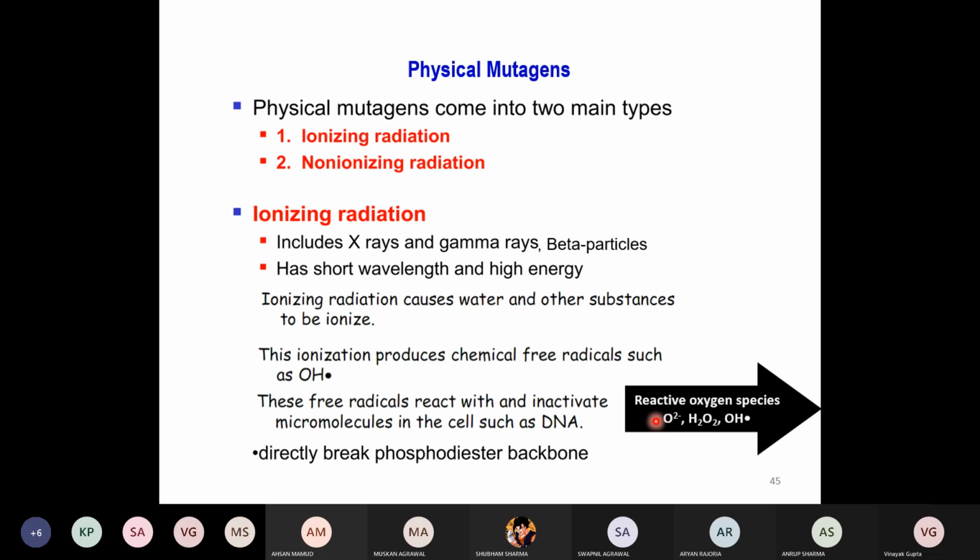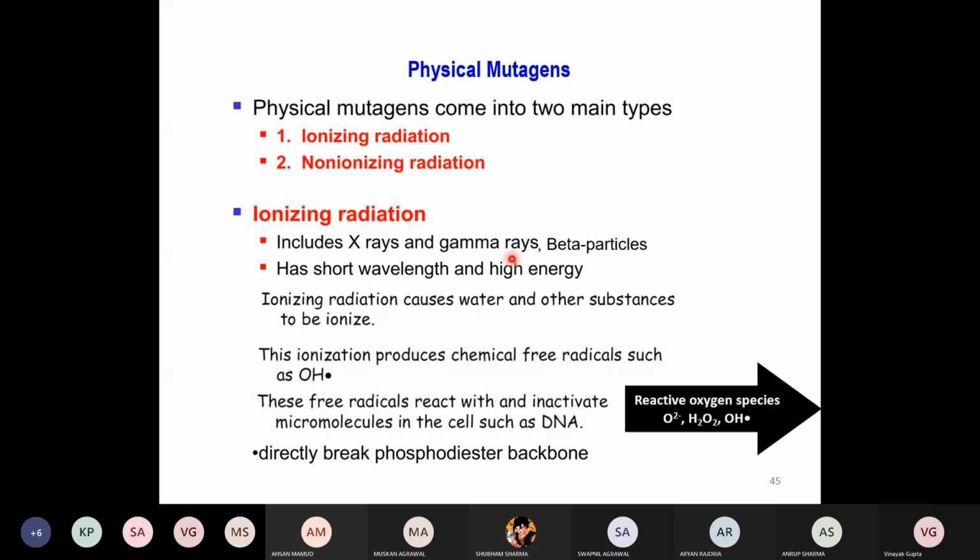Not only the DNA, they are going to attack several other biomolecules, proteins, lipids, everywhere. Reactive oxygen species means they are oxygen moieties which are more reactive than oxygen, as the name suggests, because of an unpaired electron, which are shown here like OH or O2 minus. All these are the reactive oxygen species.